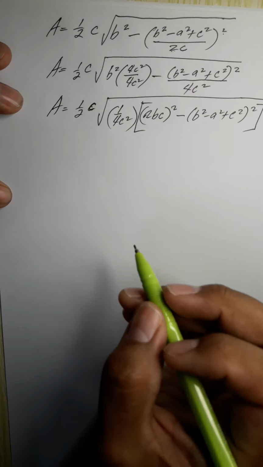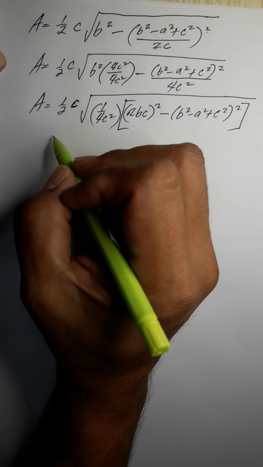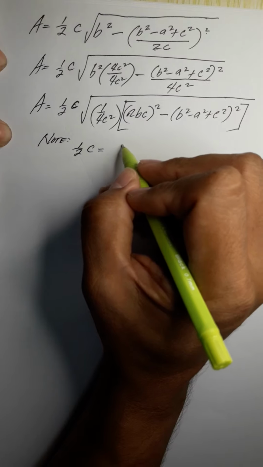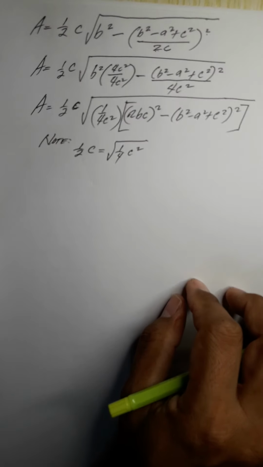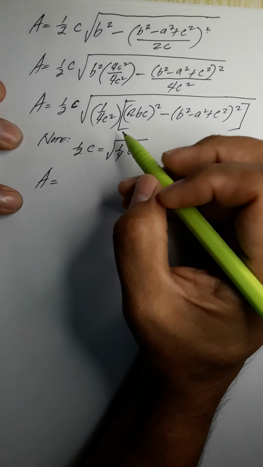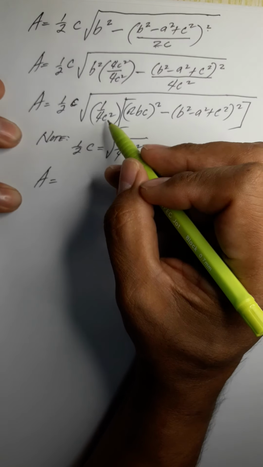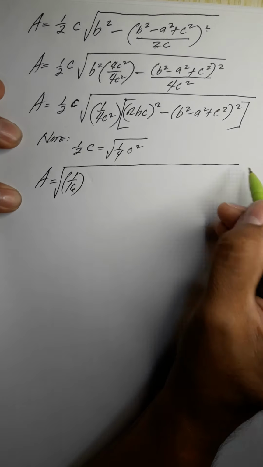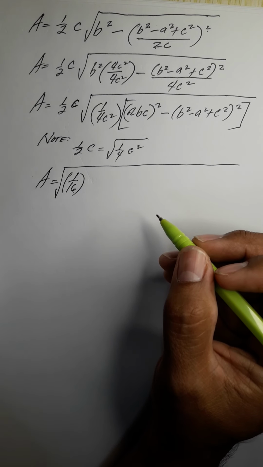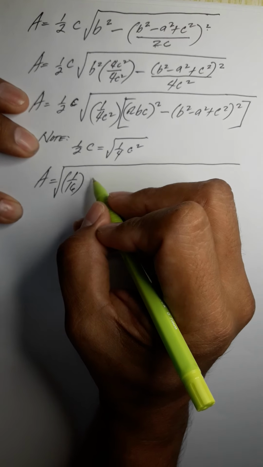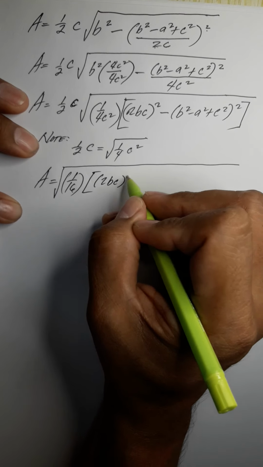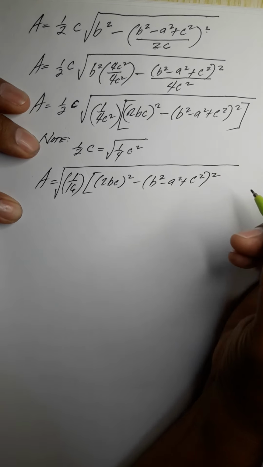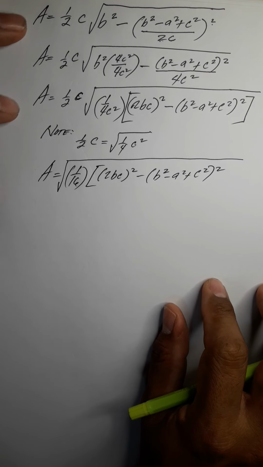We have to take note that the square root of 1/(4c squared) times c is 1/4. So the area is equal to, we can cancel out c squared, so we have 1 over 16 times (2bc) squared minus (b squared minus a squared plus c squared) squared.